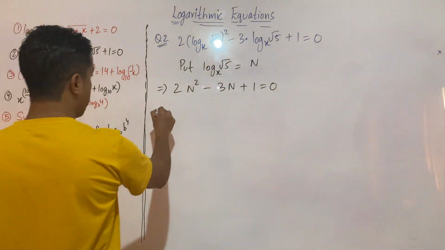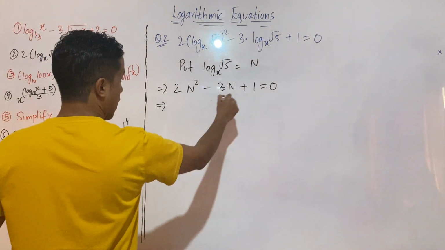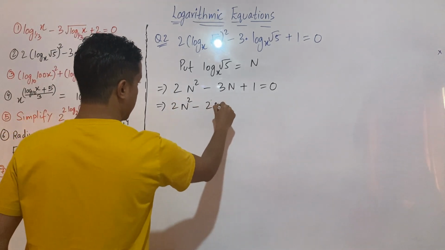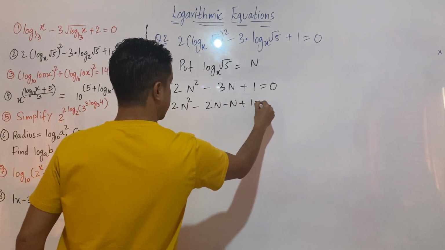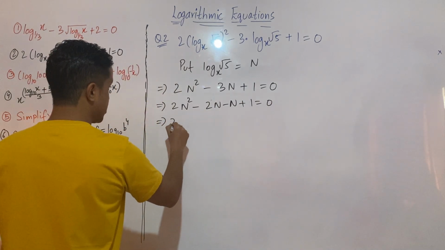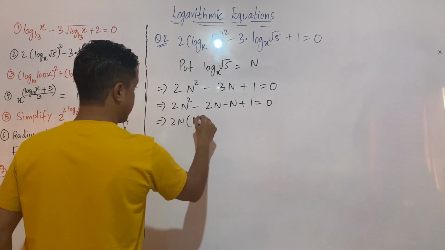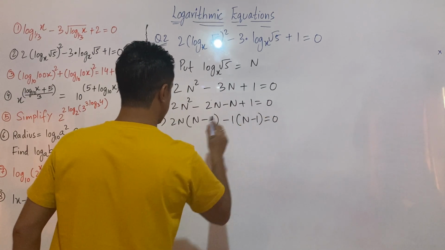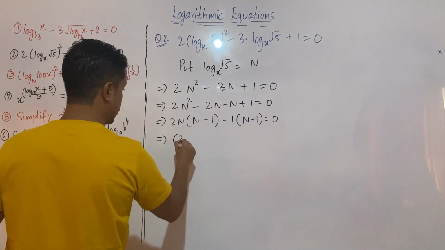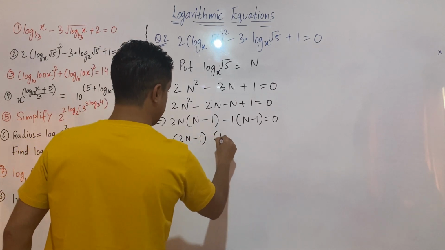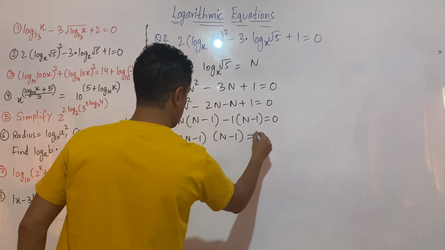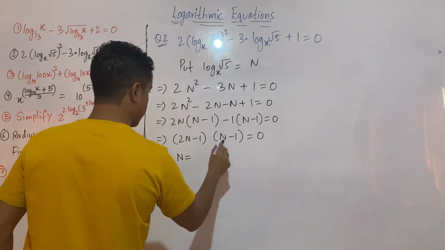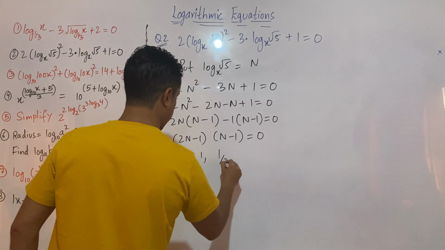And from here, we have to split the middle term: 2n squared minus 2n minus n plus 1 equal to 0. Here, take 2n common: 2n(n minus 1) minus 1(n minus 1) equal to 0. So here, (2n minus 1) and here (n minus 1) equal to 0. So n is going to have the values 1 and 1/2.